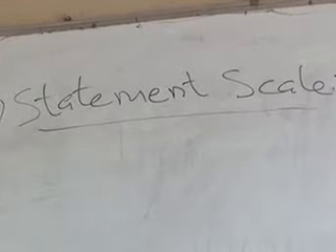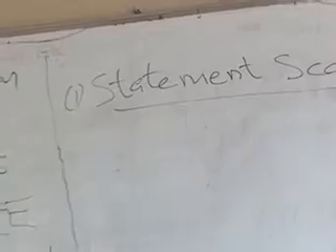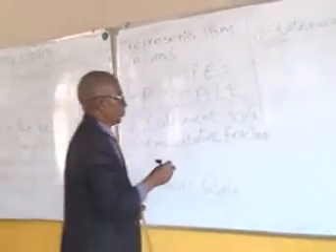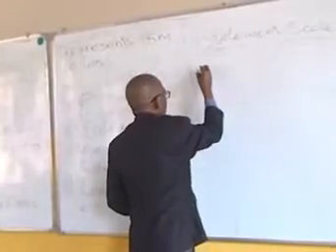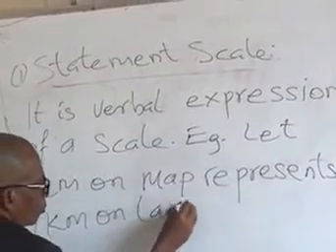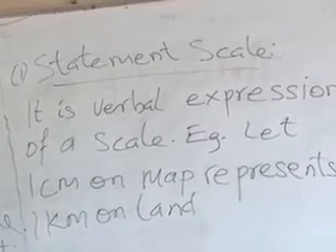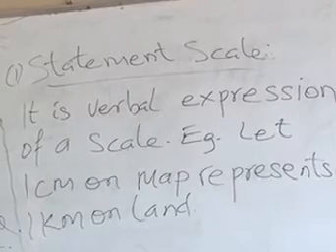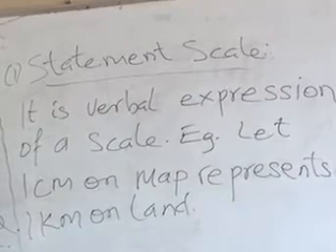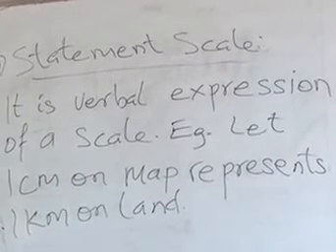For example, 1 centimeter on the map represents 1 kilometer on the ground. That is a statement scale.